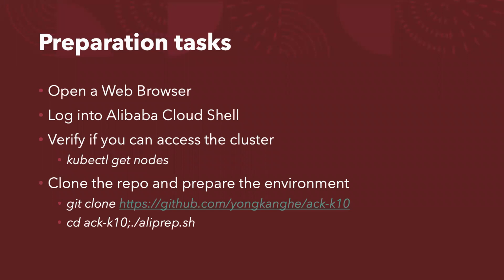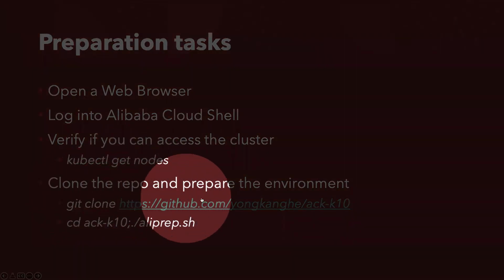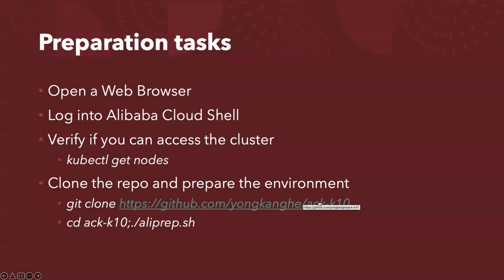Once you can access the cluster, first you clone the repository and then prepare the environment. The git clone will clone the repository from my GitHub page. The link is here.